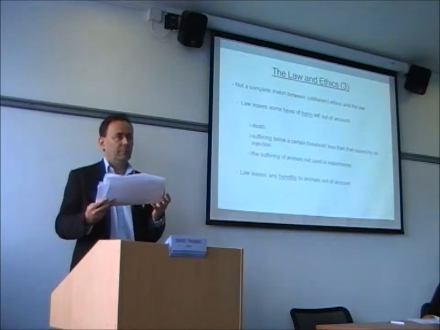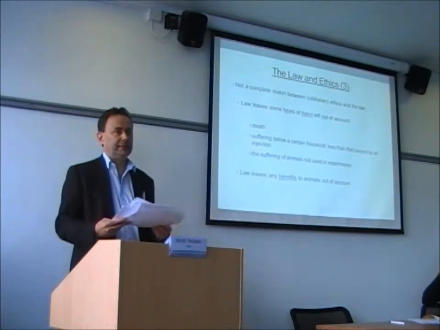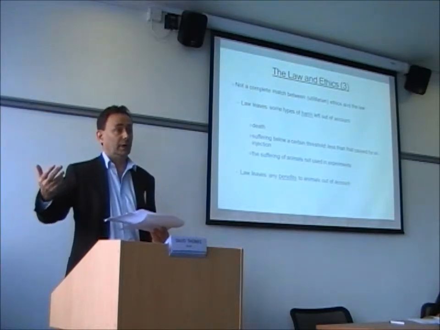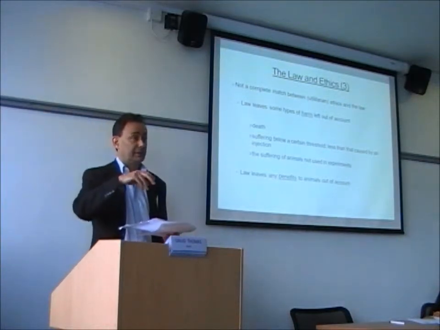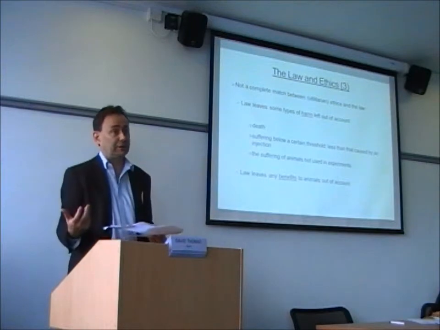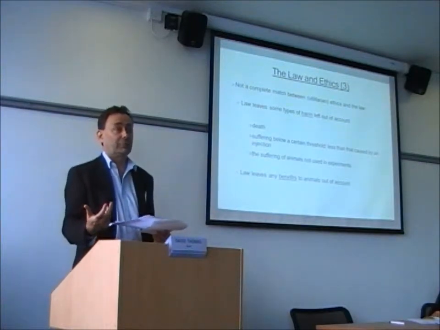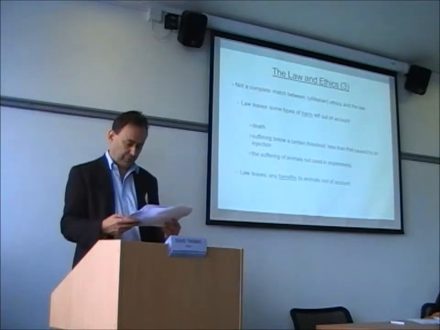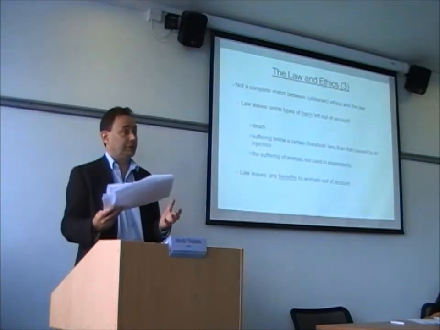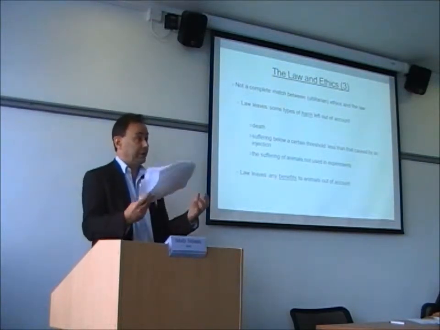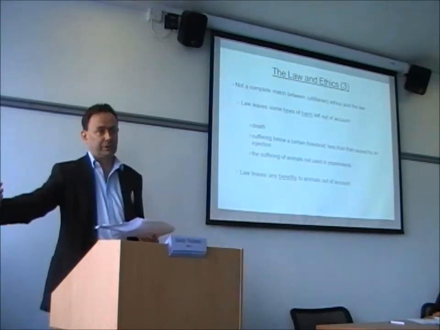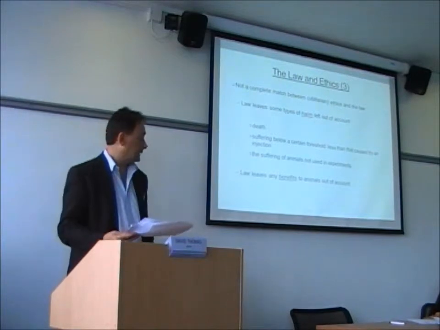So those dogs breeding were needed so that the eventual hoped for benefit could materialize. But the law says that the suffering of those animals, because they're not actually used in the experiment itself, has to be left out of account. Again, in a utilitarian ethical calculus, you would take that suffering into account because it is part of the suffering which is needed to produce the eventual benefit.